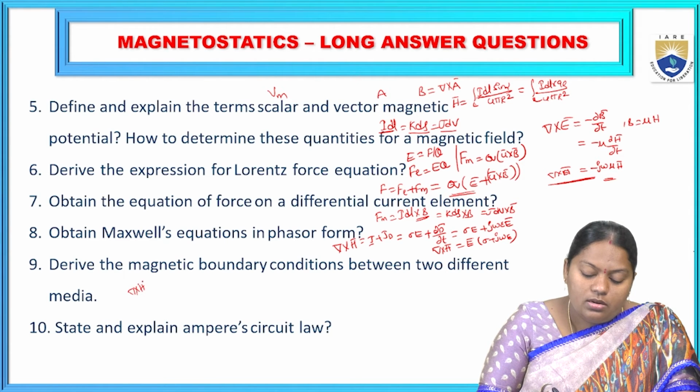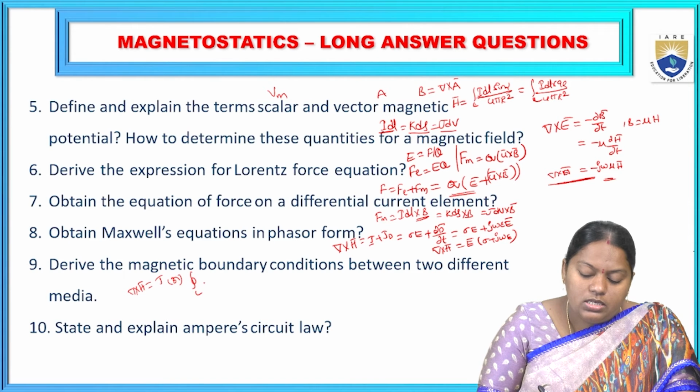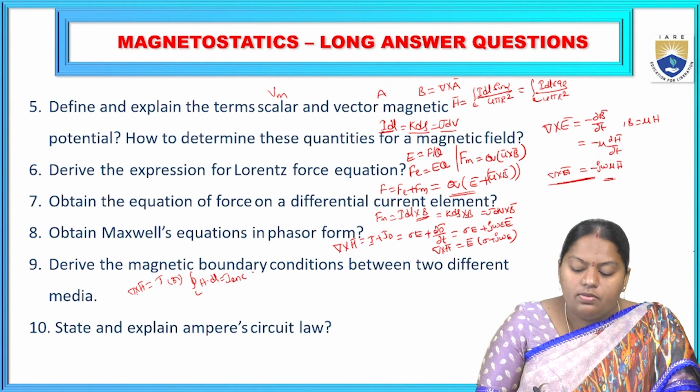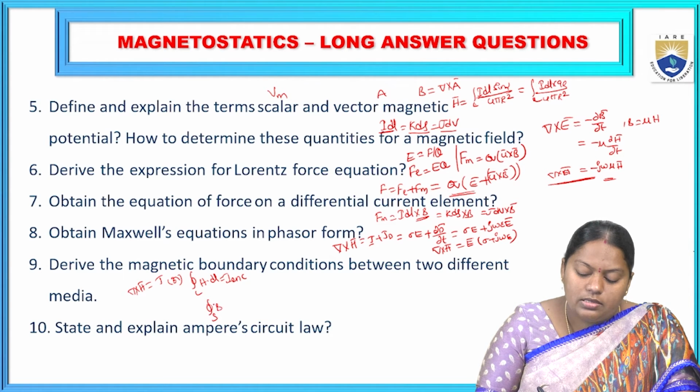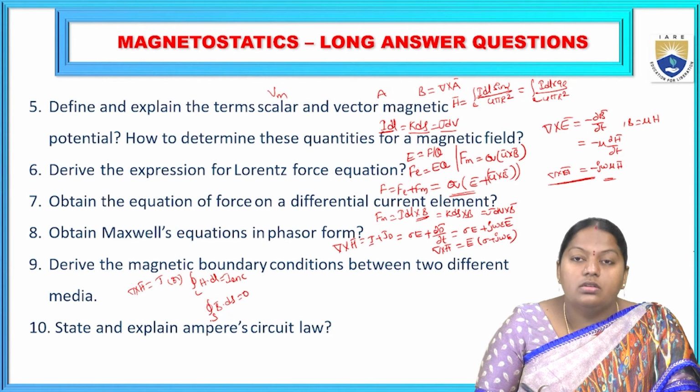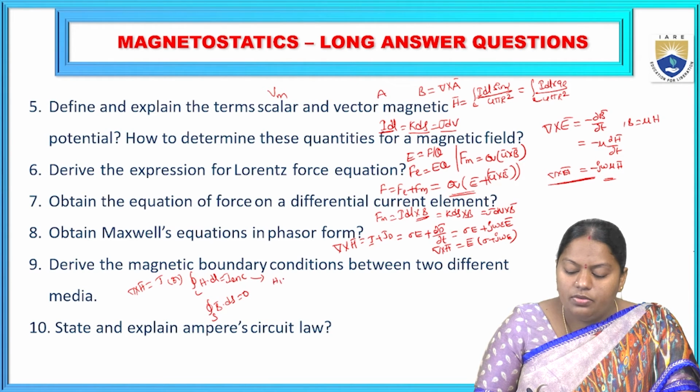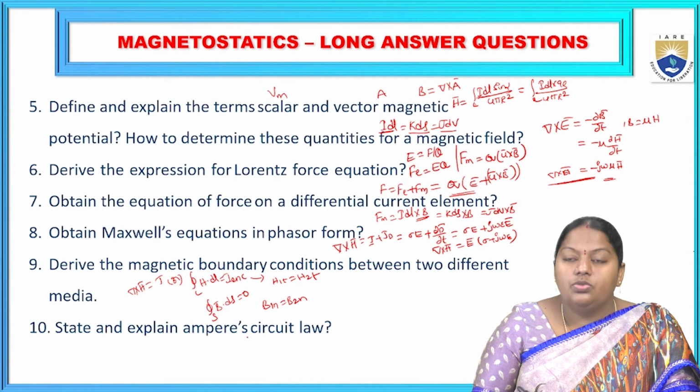That is del cross H bar is equal to J, or in integral form, the closed line integral over L of H dot dl is equal to I enclosed, and the other is the closed surface integral over S of B bar dot ds bar is equal to 0. From the first Maxwell's equation, we get H1t is equal to H2t, and from the second, B1n is equal to B2n.